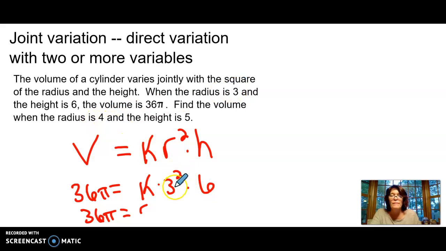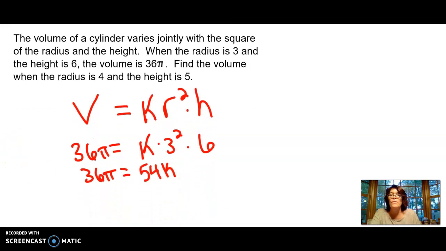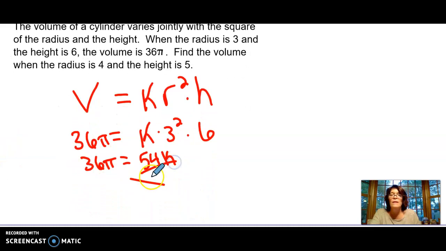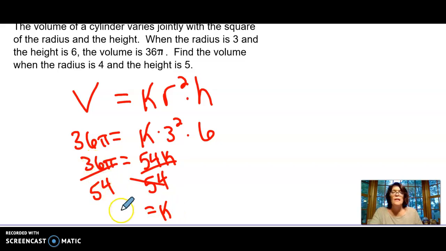Yes. 9 times 6, so 54K. I'm going to divide by 54. Okay, so K equals 36 divided by 9.